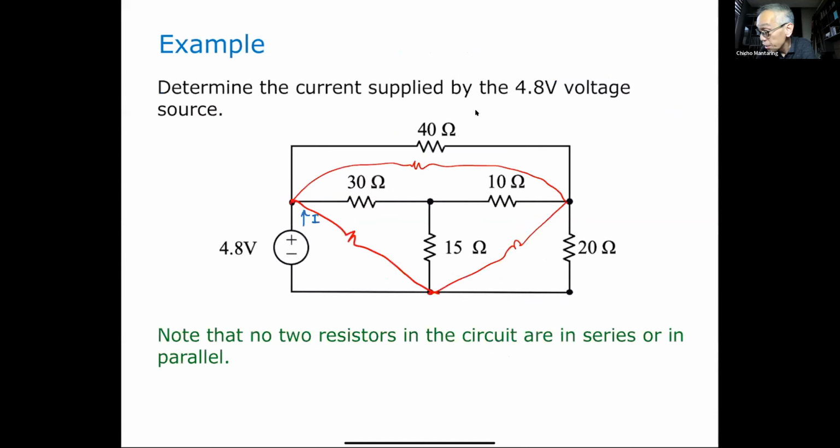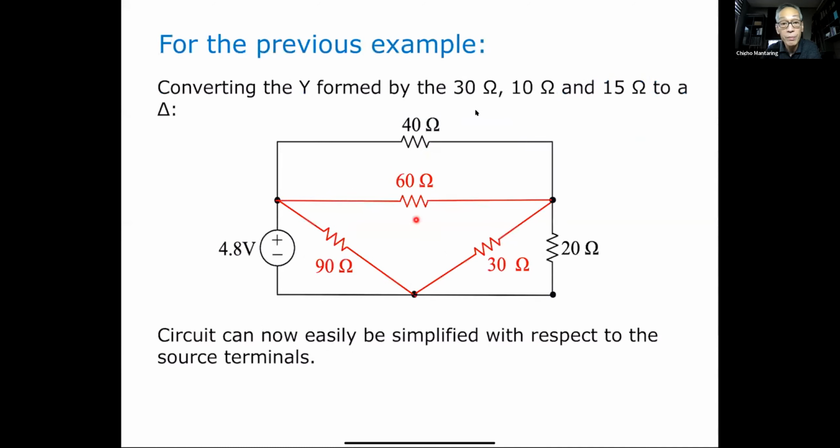So this resistor is 30 times 10 plus 10 times 15 plus 15 times 30, divided by 15. If you compute that, you're going to come up with 60. This will be 90, and this is going to be 30.